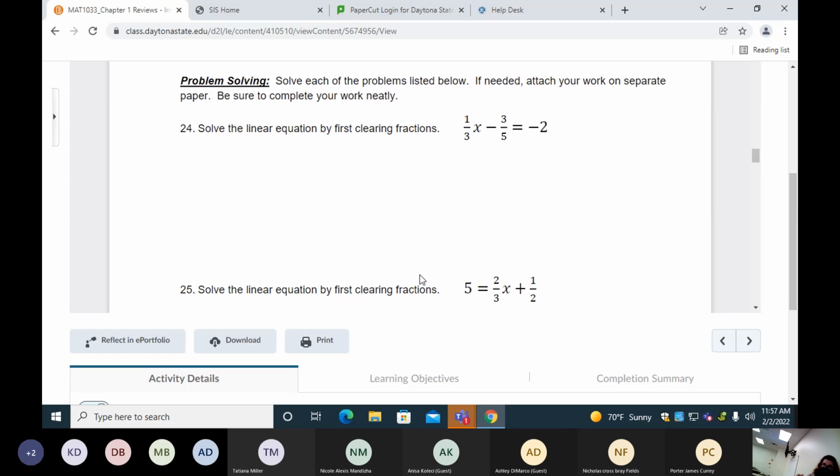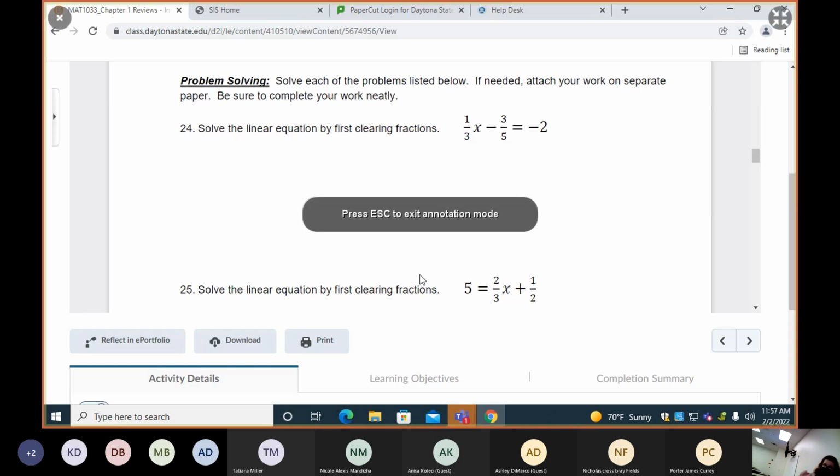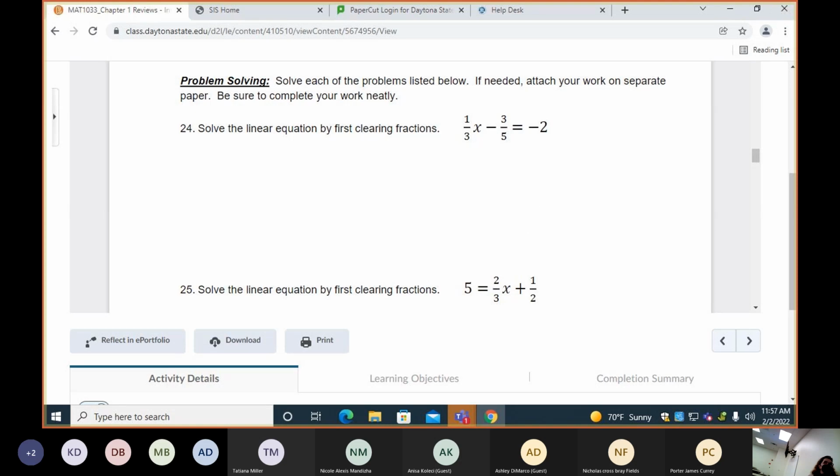Let's do this fraction one. You like fractions? Okay, let's do number 24. Let's practice. How would you solve this? First find the LCD. The LCD of this problem is 15. Now we're going to multiply everything by 15, and don't forget the -2.